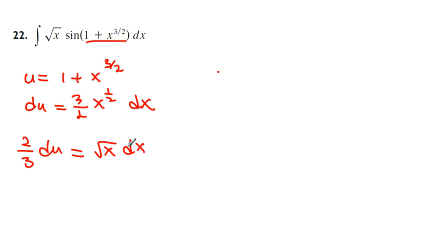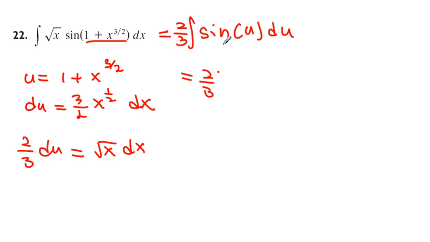Alright, then let us try to put everything in together. So we have integral of 2/3, I'm just going to bring it to the front, 2/3, and sine of u du. Then here we have 2/3. Antiderivative of sine becomes negative cosine of u plus c.